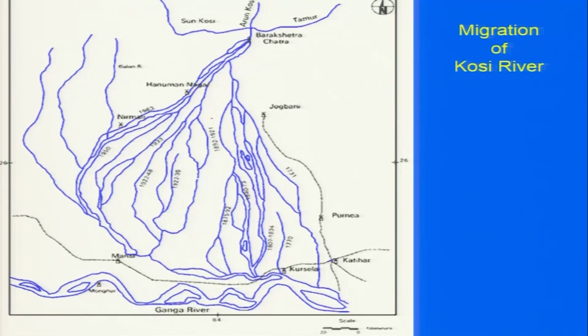So it has a tendency to migrate from one place to another place, and the reason for this, usually what we see, is that the channel cross sectional area over here is reduced over the time.